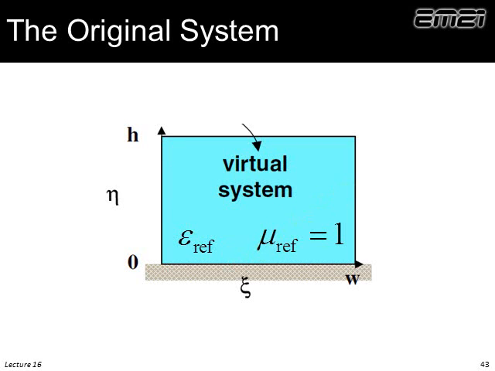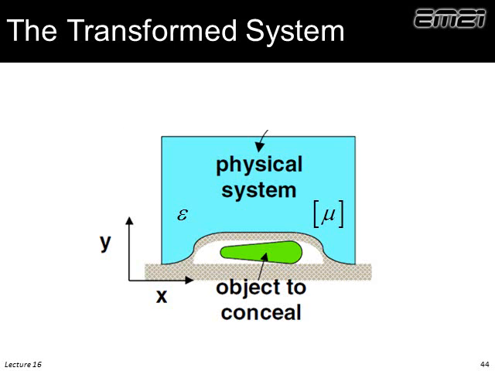So when we cloak our object, we want it to behave like this. Well, now here's our object. We put our object up against the ground plane, but we wrap it in this cloak that will do something magical. And we need to figure out now what is the mu and the epsilon needed to do that.